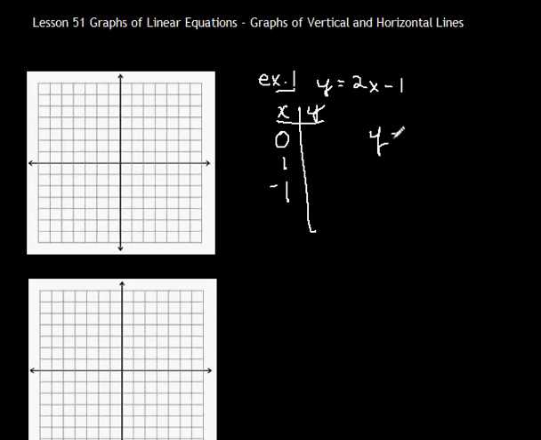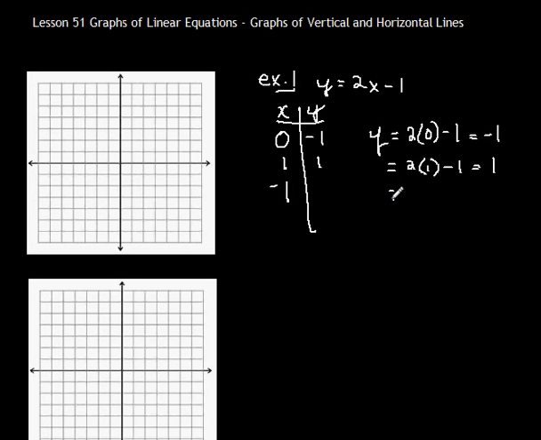I say y equals, you pretty much do this in your head though, 2 times 0 minus 1, and we get an answer of minus 1. So y equals minus 1. I'm going to put a 1 in there. So I'm going to get 2 times 1 minus 1 equals 1. So that would go here.